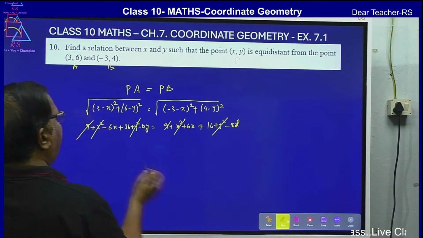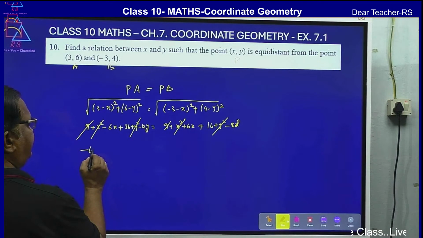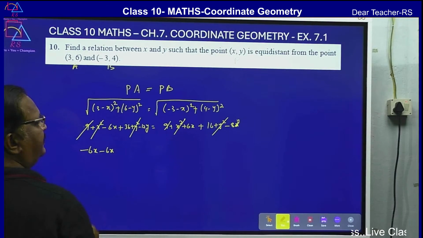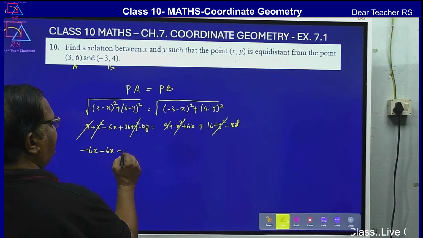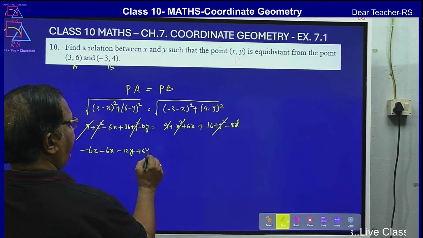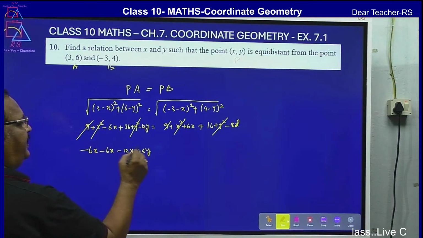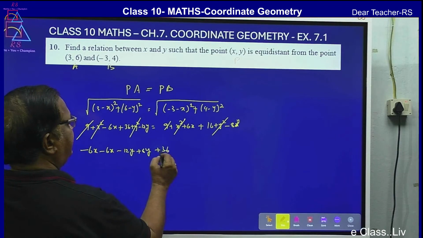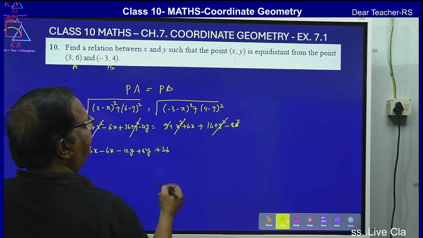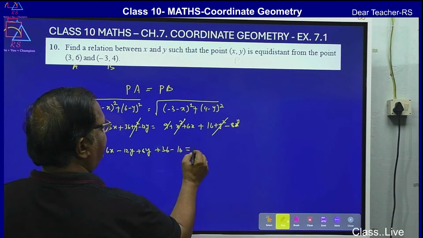So bring this 6x also this side, minus 6x. Minus 12y, bring that 8y also this side, 8y, and constants, so 36, and bring that 16 also this side, minus 16 is equal to 0.